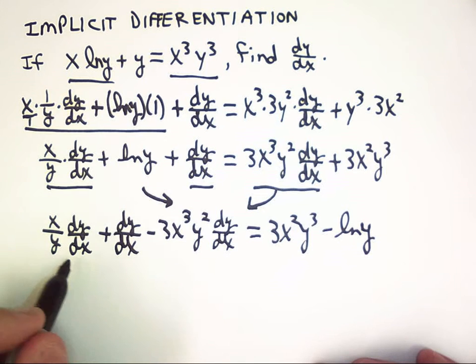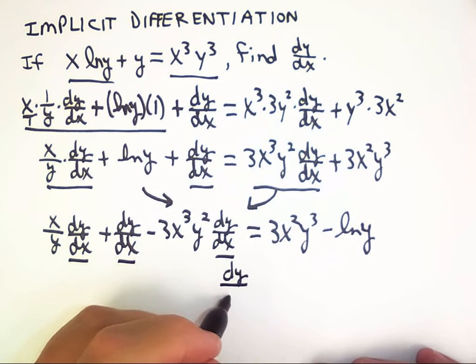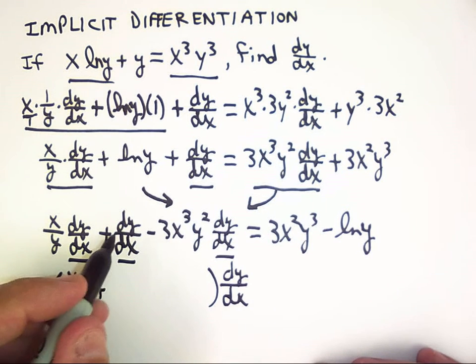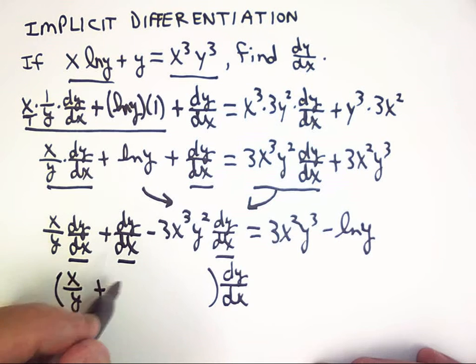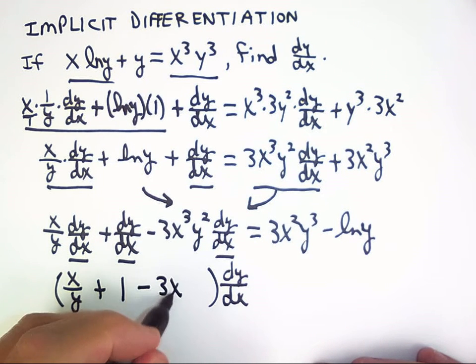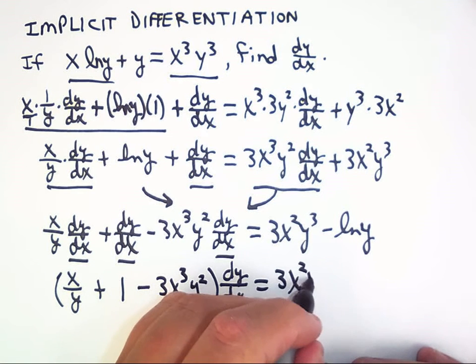And then we're going to factor a dy over dx out of each term on the left. And that will leave us with x over y plus, and when you factor dy over dx and there's nothing else there, it's an understood 1, minus, and then you're left with the 3x cubed y squared. The right-hand side is unchanged.